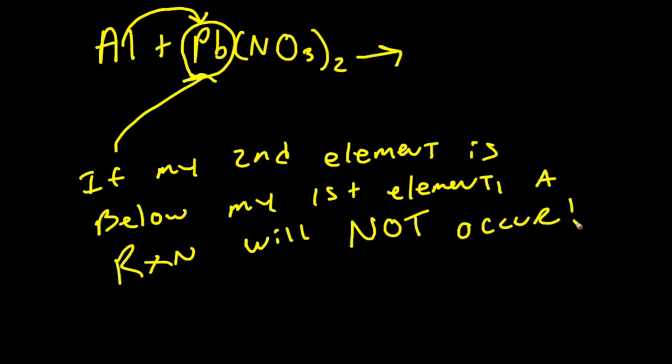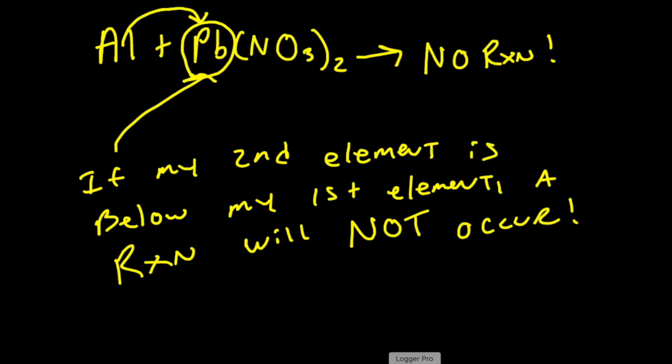Why would we try to make a reaction when the other element that we're replacing with is weaker than the first? There's no logic in doing that. So a reaction will not occur. On a quiz, assessment, project, or activity, if a reaction doesn't occur, all you're going to write is no reaction and move on.